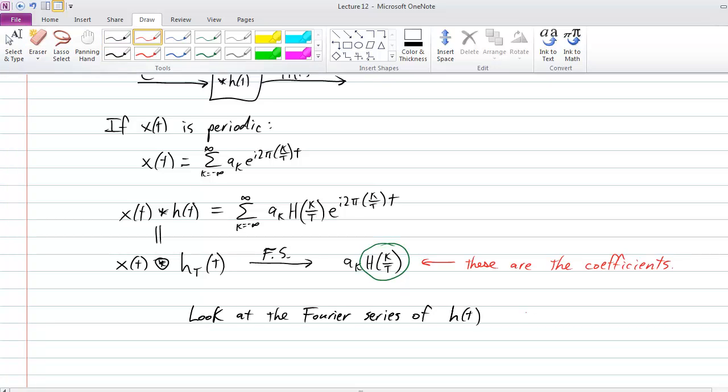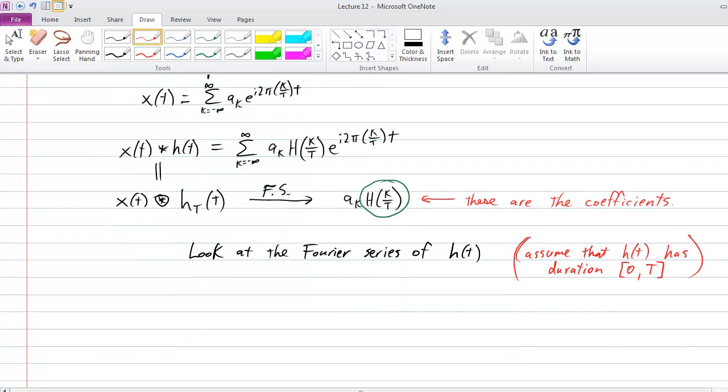So let's assume that h of t has a finite duration, assume for now that it's nonzero only from zero to T. We talked about the Fourier series for finite duration signals. That's the first thing we talked about.